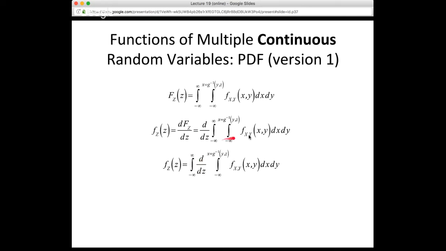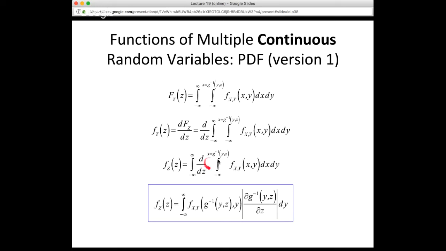I also recognize that the outer integral with respect to Y doesn't depend on Z, so I can bring that derivative inside that first integral. Now I have to evaluate the derivative of this inner integral, because in the upper limit I've got a function of Z. So I can't bring that derivative inside the integrand, because this integral actually depends on Z. So I apply the chain rule.